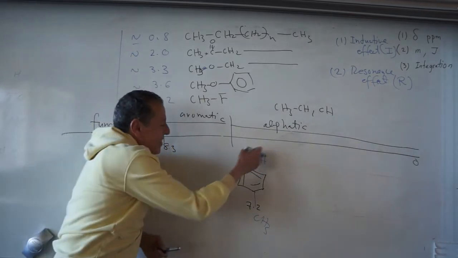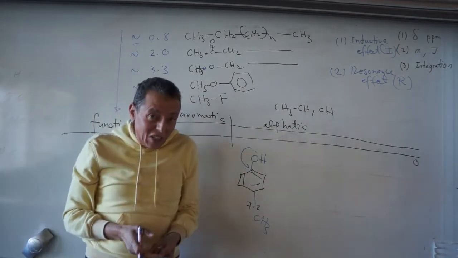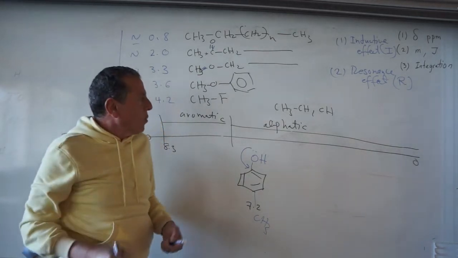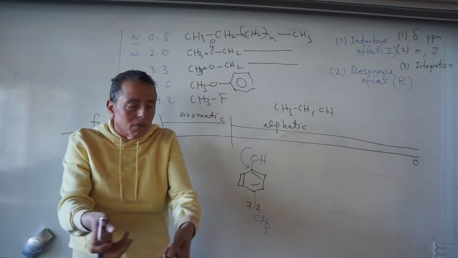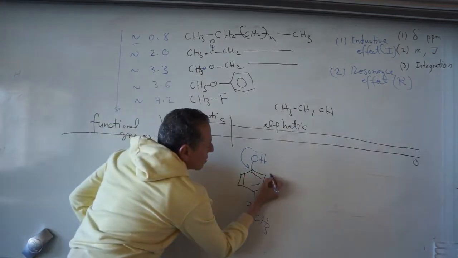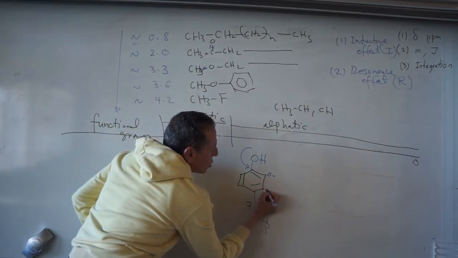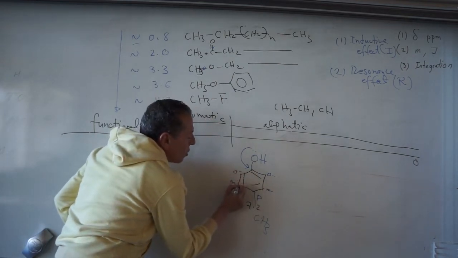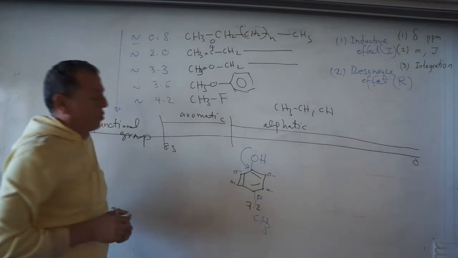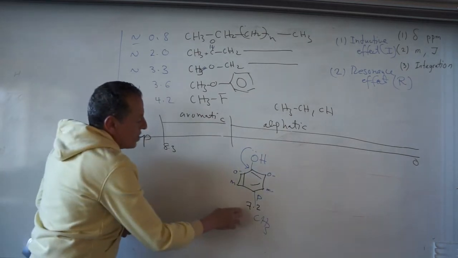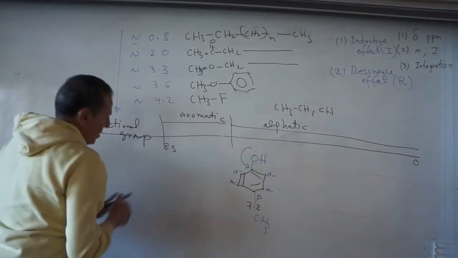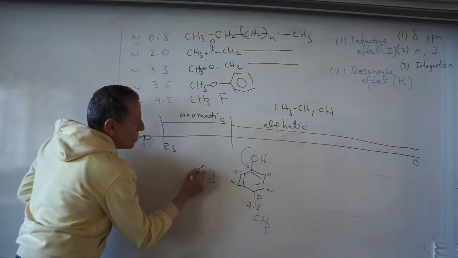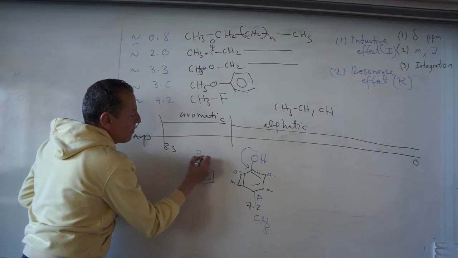Will the electron density be increased or decreased? It will be increased because it is donation. That's why we call it an electron donating group. Accordingly, it donates the electrons to the ortho and para positions. So instead of that, in the case of benzene ring, you will see all the protons at 7.2.